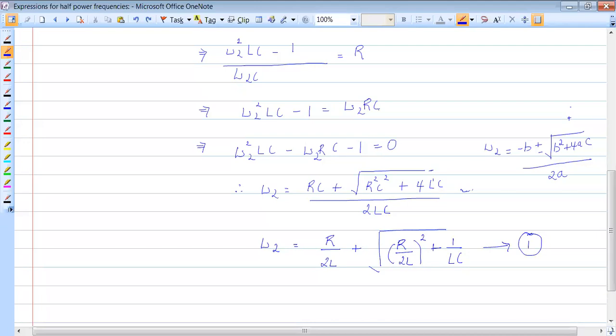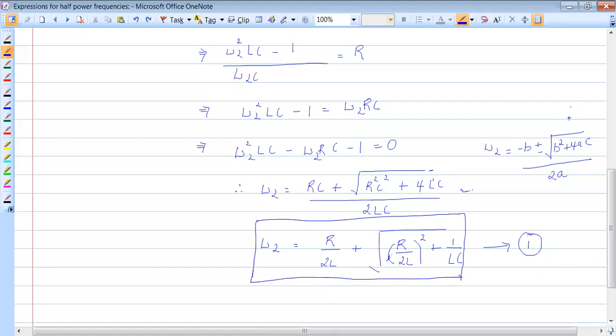On similar grounds, can you give me omega 1? We have obtained the equation for omega 2. This is one equation which they had asked us to find out. Can you give me omega 1?